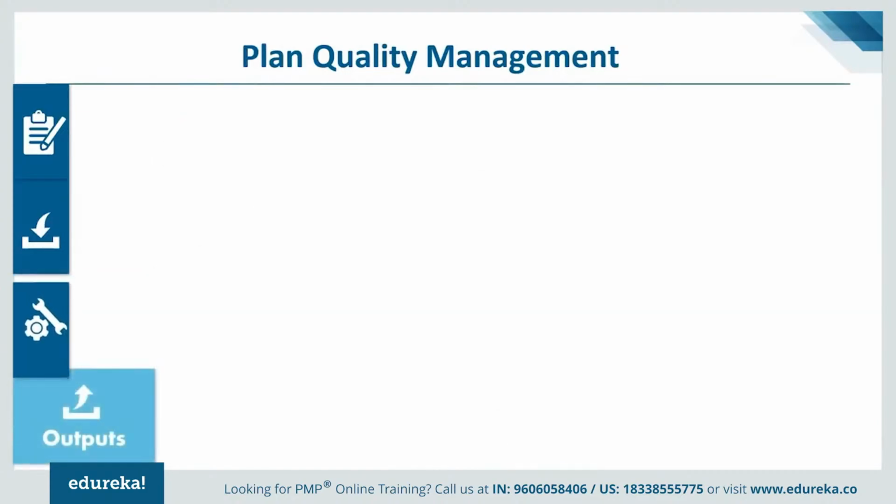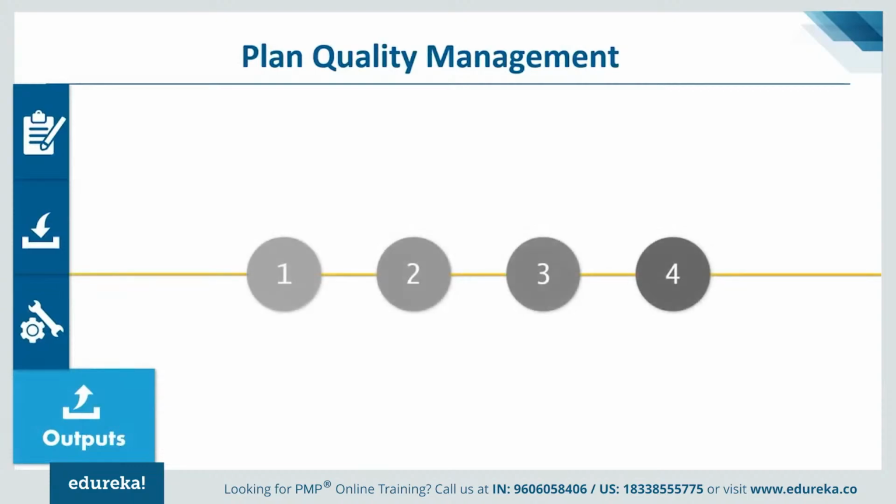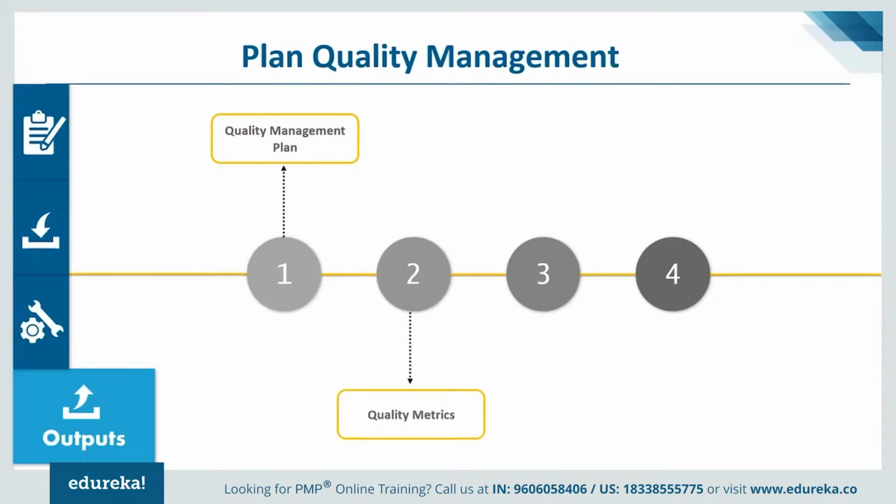Obviously, what do we expect by the end of this? We certainly expect the outcome of this process to be the quality management plan itself. We'll also be able to gather some quality metrics. What kind of quality metrics do you want to capture on your project? Those metrics would certainly help you in ensuring that you are tracking the quality.